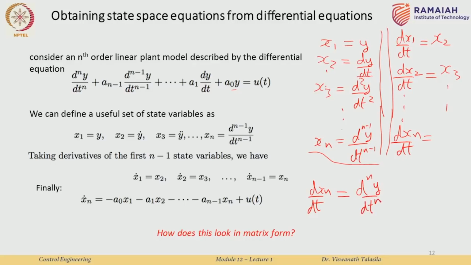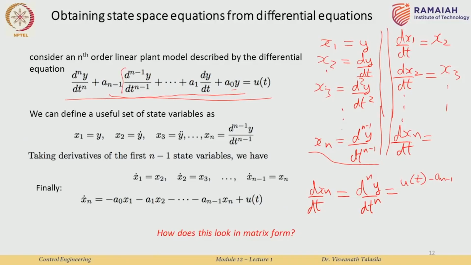And how do we derive this? We take a look at our basic differential equation where I have dⁿy/dtⁿ, the nth order derivative of y, and we rewrite this expression, as we have done for the mass spring example before, as u(t), and take all these terms onto the right hand side. So, that becomes u(t) minus a_{n-1}.